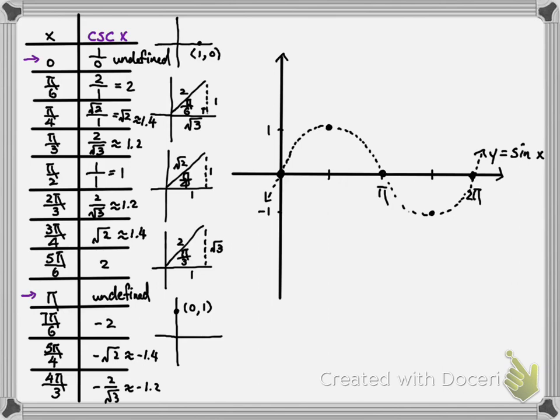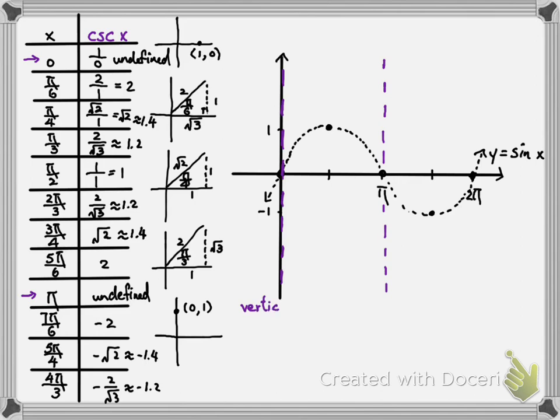So we will use a vertical dotted line at those x values, at x equals 0, x equals pi. It makes so much sense why we have the dotted lines at those x values. They are called vertical asymptotes.